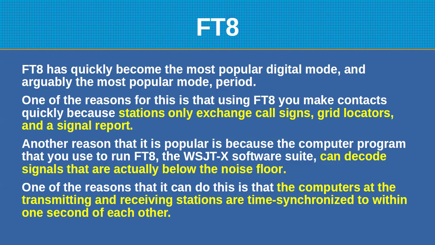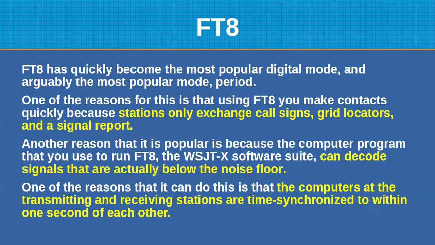There's been more activity on FT4 because it's essentially twice as fast. FT4 does 7.5-second time slots, so you can make a contact twice as fast. Recently, some Italians have come up with FT2, which does 3.75 seconds, even twice as fast as FT4, because it's only doing two tones.